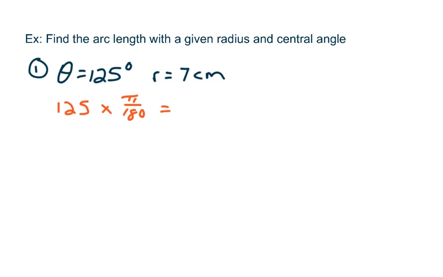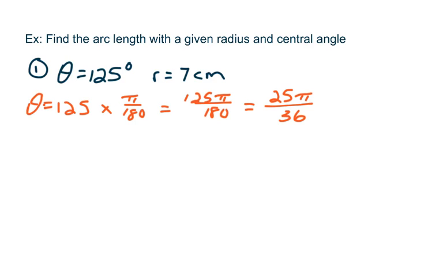So 125 times pi over 180 is going to be 125 pi over 180, and we'll have to simplify 125 over 180. They're both divisible by 5, and that's the only thing they're both divisible by. So that's going to give us 25 pi over 36. That is your angle measure in radians, and you need to make it in radians in order to find arc length.